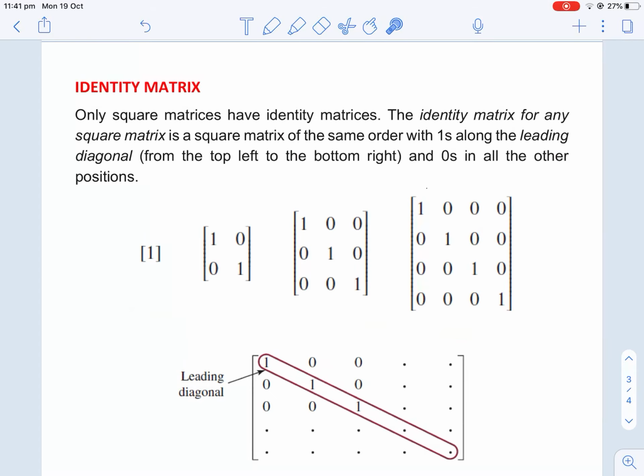It has to be square, and the values of all the elements in the diagonal are 1, and the remaining are 0. For example, this one is 2 times 2, so the diagonal is 1, and the remaining are 0. This one is 3 times 3, a square matrix. Square matrix means the number of rows equals the number of columns. And this one has the diagonal as 1 and the remaining as 0, and it keeps going.